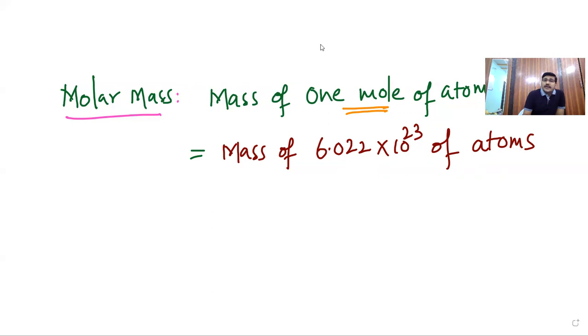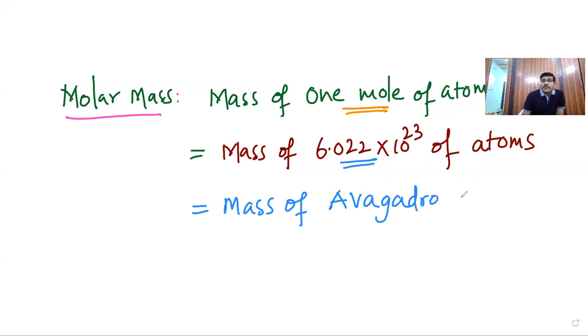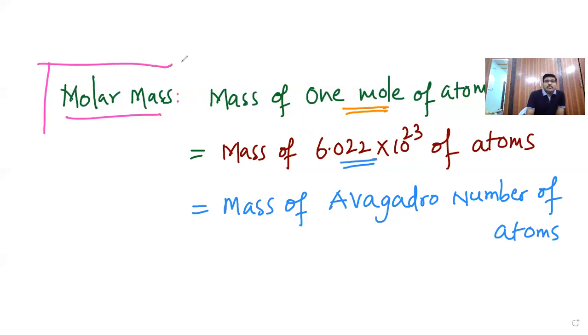We can also write it like this: the mass of Avogadro number of atoms. This quantity is known as the Avogadro number. Observe carefully. Molar mass is also known as the mass of 1 mole of atoms of any element.